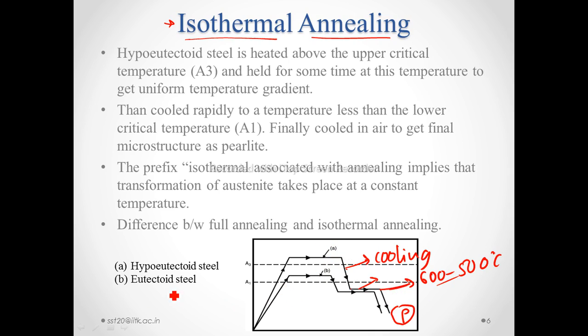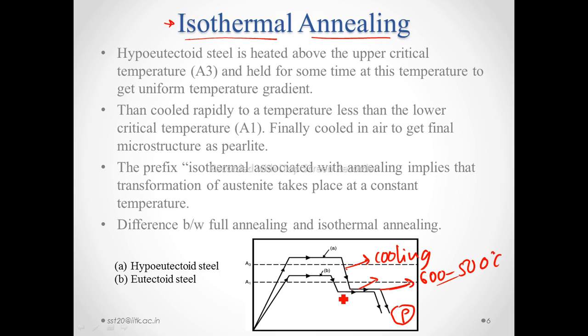Whereas for eutectoid steel, the main aim is to get a uniform austenitic structure. For eutectoid steel, we get the austenitic structure just by heating above the A1 line, that is the lower critical temperature. We heat similarly and hold it for a longer duration of time so that we get a complete, uniform austenitic structure. Then a similar process is carried out as for the hypoeutectoid steel.